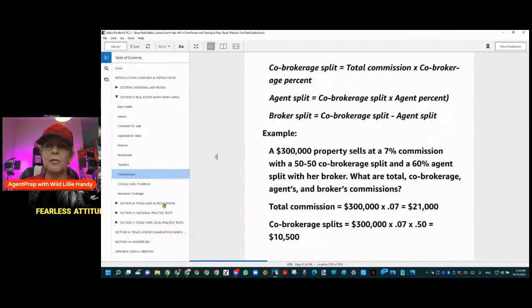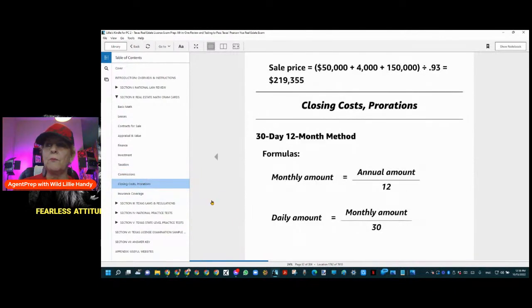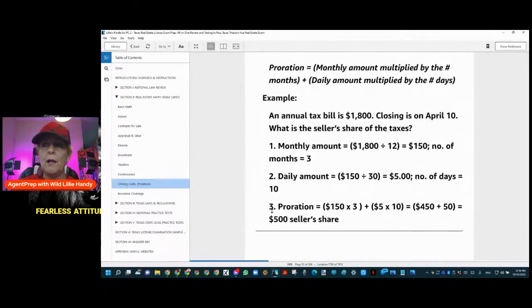You may have commission math problems, closing prorations, costs, okay? You have to remember whether they're asking you for monthly or yearly. If they want a yearly answer, you multiply by 12 on the monthly. If it's a monthly answer and you have a yearly solution, then you've got to divide by 12.